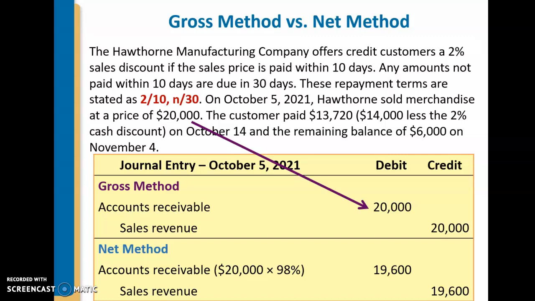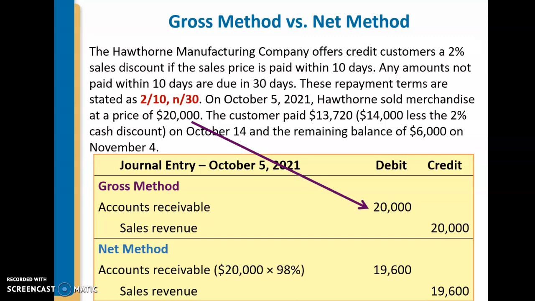Using the net method, we record the revenue and related accounts receivable at the agreed upon price less the discount allowed in the credit terms offered to the customer, and adjust this amount if the customer does not take advantage of favorable credit terms. So in our example for Hawthorne, we made a sale of $20,000. Under the gross method, we're going to debit accounts receivable and credit sales revenue for $20,000.